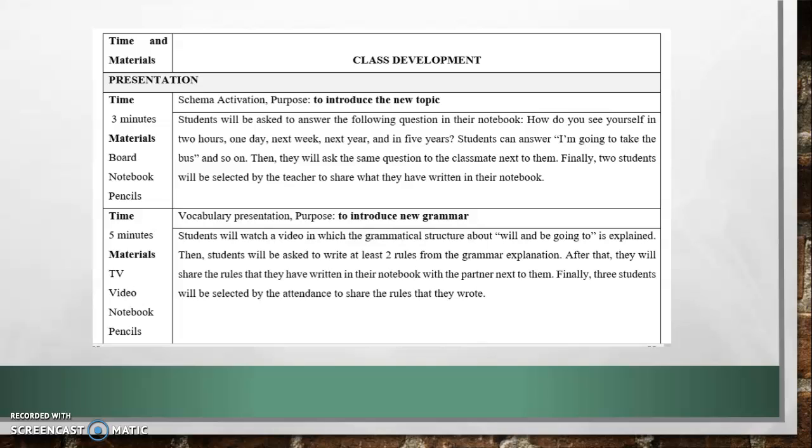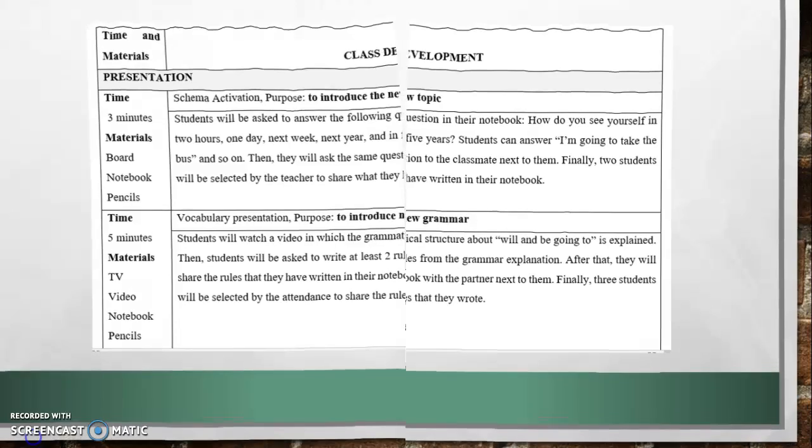After that, they will share the rules with the partner next to them. Finally, 3 students will be selected by the teacher to share the rules that they wrote. The time for this activity is 5 minutes and the materials are TV, video, notebook, and pencils.